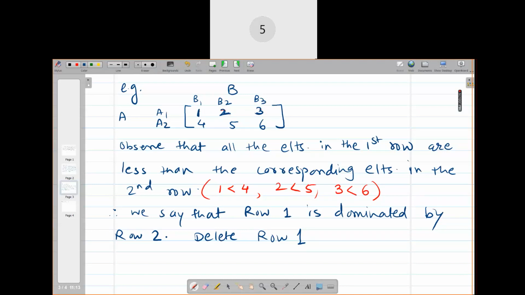First strategy he will go for because 1 is less than 2, 4 is less than 5. 1 is less than 3, 1 is less than 6. So he will not go for these two strategies, B2 and B3, because they are giving him maximum loss. He is interested in minimum loss. So he will ignore them, or he will not consider these strategies. So these strategies become dominated.